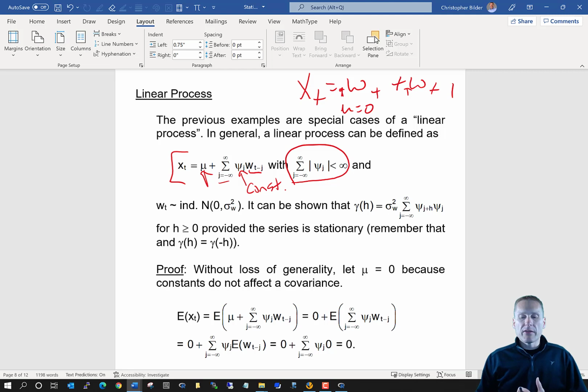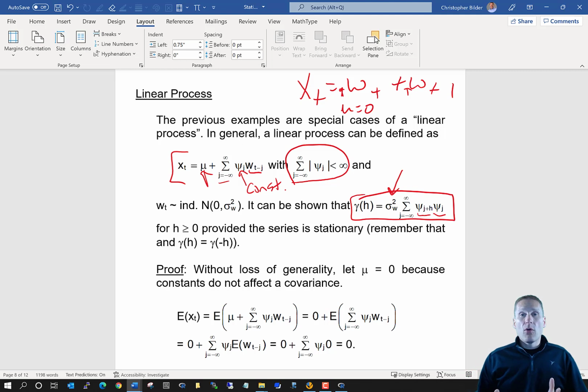Now the reason why this is important is that if we have a linear process that's stationary, then one can come up with an expression for the autocovariance function that's just dependent upon that lag difference, that h. And this is equal to sigma squared w times the sum j equal negative infinity to positive infinity, and then a product of these two constants, these psi's.